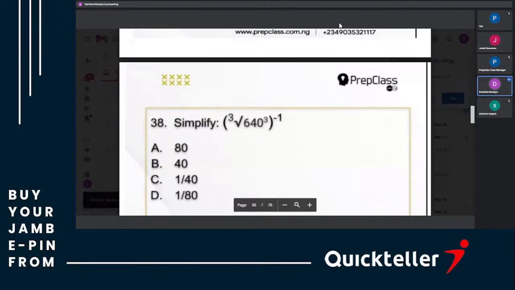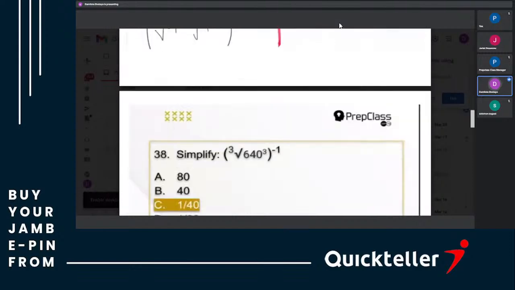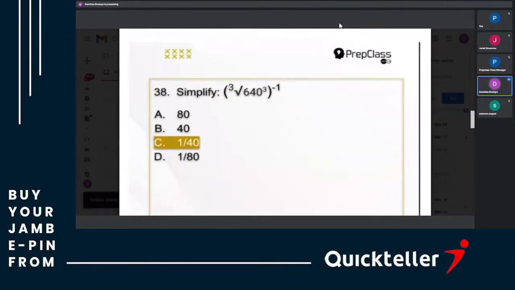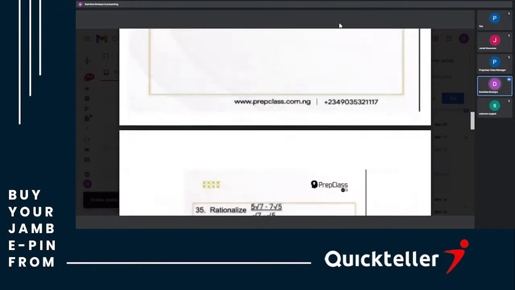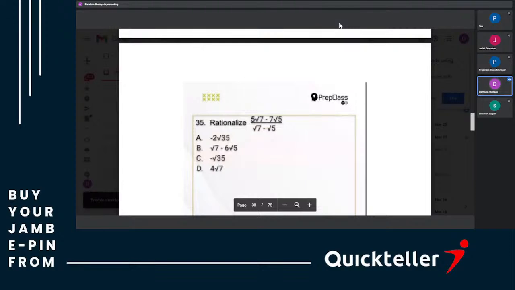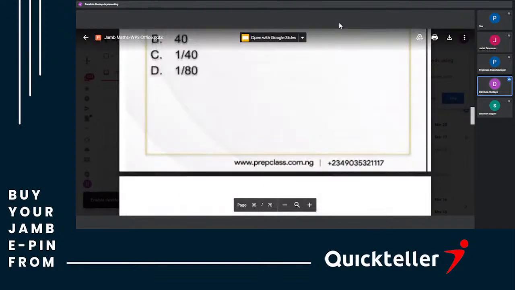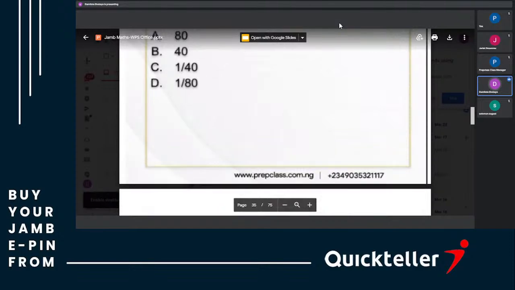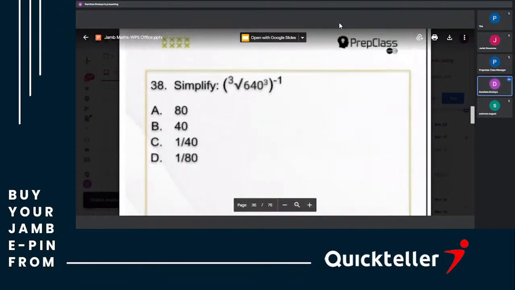Okay, in that case, for log 25, you do not need to use the table for log at all in Jamb. 25 is 5 raised to power 2, so you make it into a power. Please, you will not need to use a calculator for logarithm in Jamb, and Jamb knows, so they won't ask you questions that will make you use a calculator.